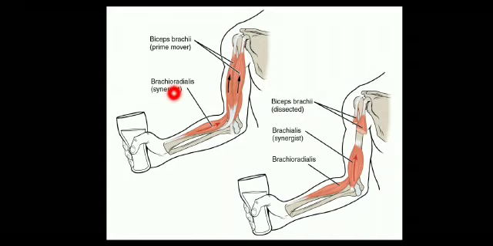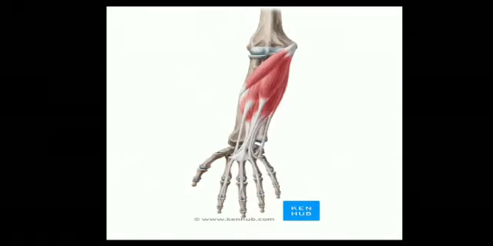It means that the brachioradialis and brachialis prevent the unwanted flexion of biceps brachii. Okay, so this is the diagrammatic presentation.